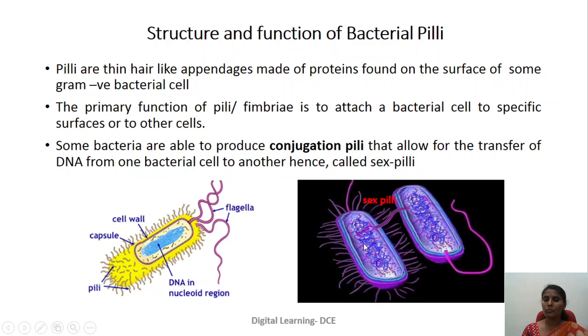In this diagram, we can see the formation of sex pili or conjugation pili, where the transfer of genetic material from the donor cell to the recipient cell takes place through this conjugation tube. Hence, this pilus is known as a sex pilus.